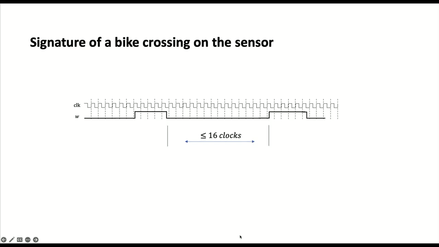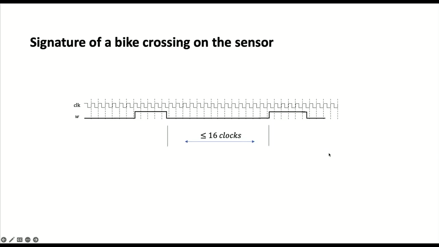So they have a clock, and they will provide us the clock, and the signal from the sensor will be low, and then it'll go high for any number of clock cycles, and then it'll go low again. Okay, and if it goes high again within 16 clock edges, then it goes high and then low again, we will consider that a bike.